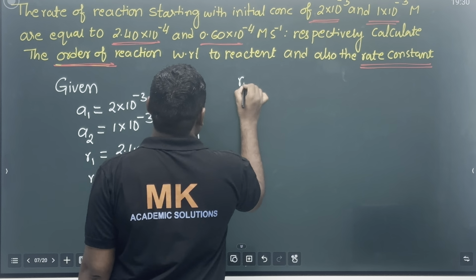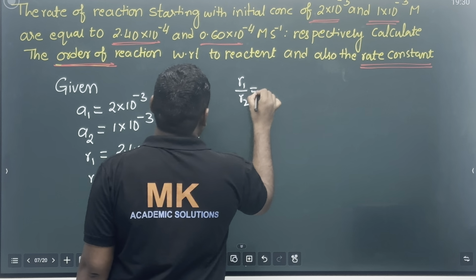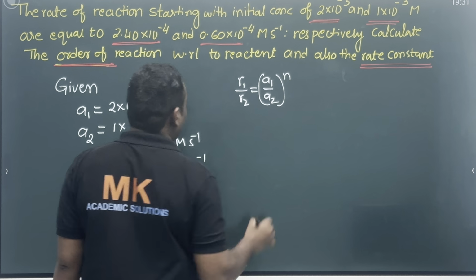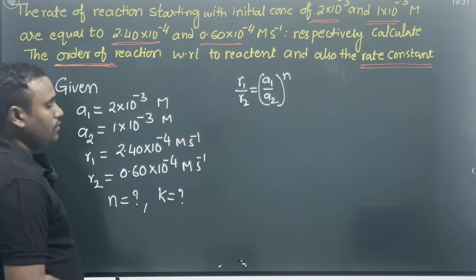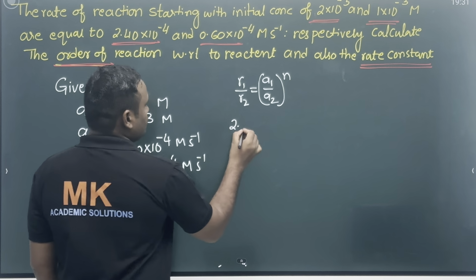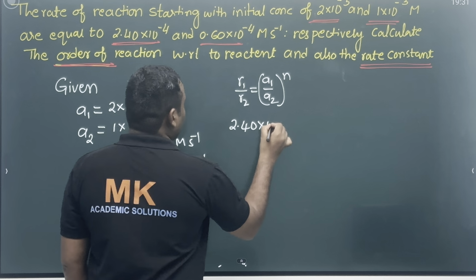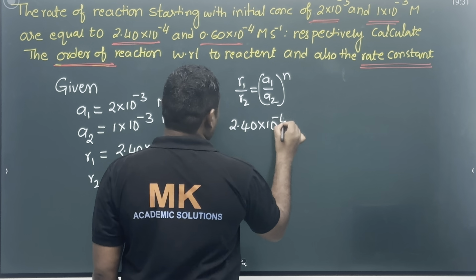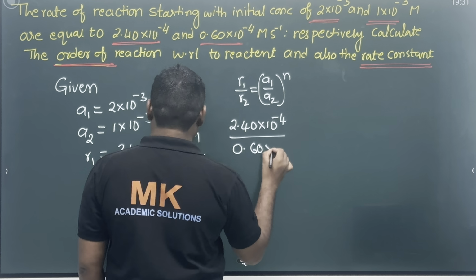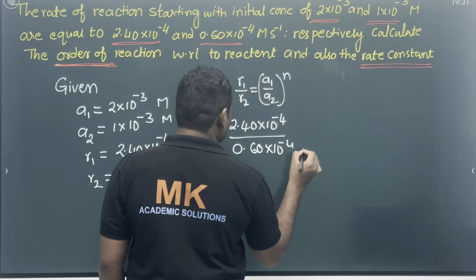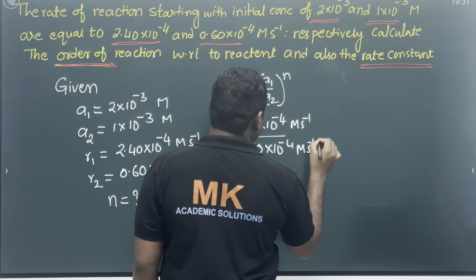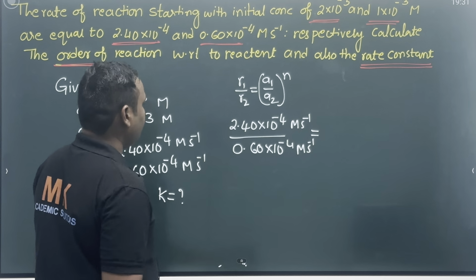So R1 by R2 is equal to A1 by A2 whole power n. This is the formula we are going to use to find out the order. So here R1 by R2 is 2.40 into 10 to the power of minus 4 by 0.60 into 10 to the power of minus 4, molars per second, this also molars per second, that equals A1 by A2.